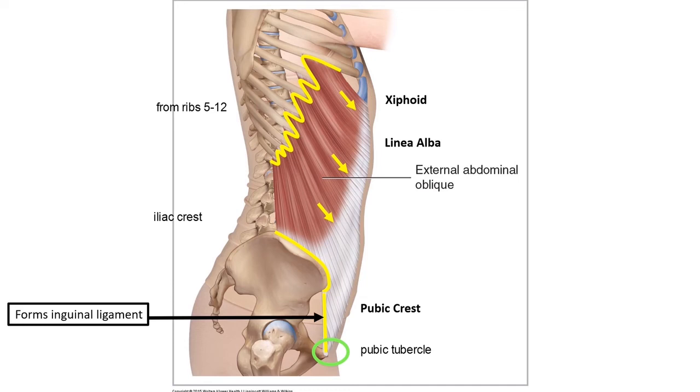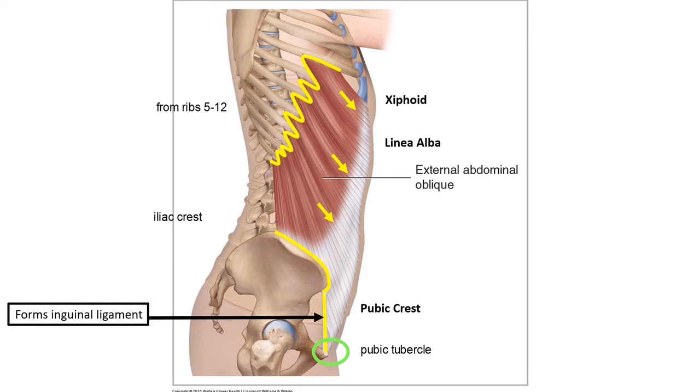This is a description of the external abdominal oblique muscle. Why external? Because it is the outermost. Abdominal is its location, and oblique is a description of direction of the muscle fibers.